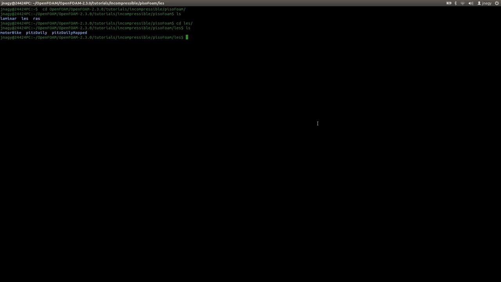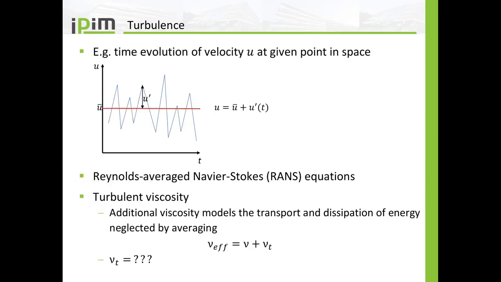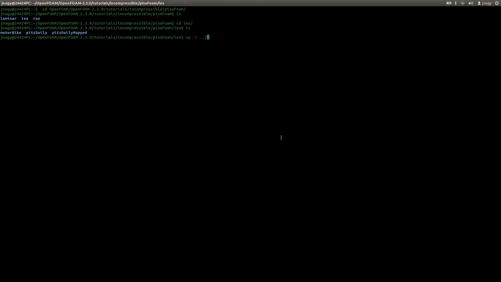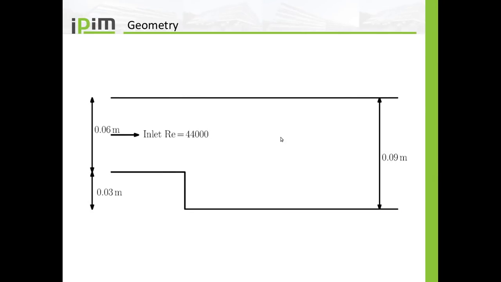For that I will just copy the base case from SimpleFoam because the geometry is the same as before in the previous tutorial, and I want to mention that the grid is way too coarse for an actual LES simulation, so keep that in mind.